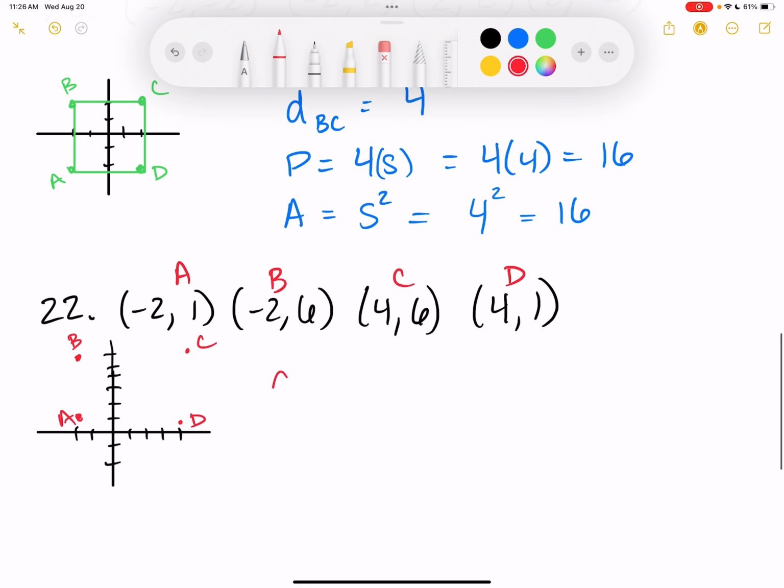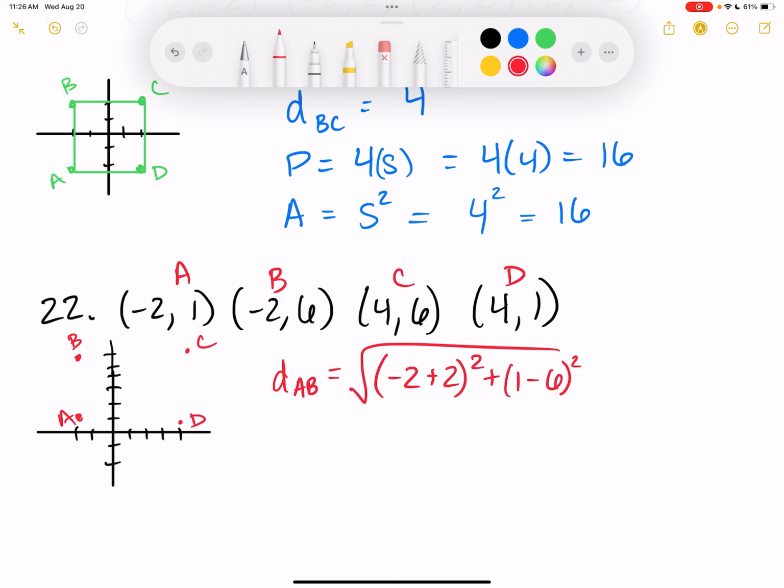So the distance from A to B, and I usually just do the little letters like that so that I show which one I'm finding, would be the square root of (-2 + 2) squared plus (1 minus 6) squared. So that's 0 there, and then this is just -5 squared, so 25. So square root of 25, which is 5.